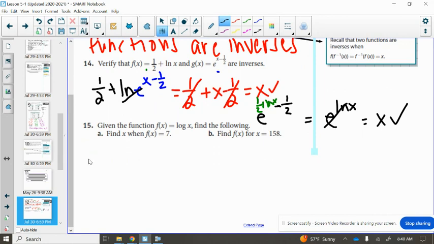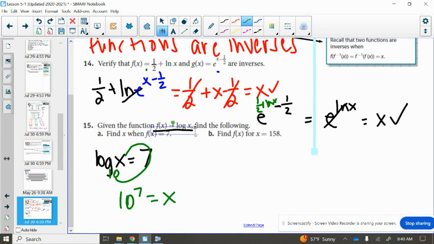All right, last example for the day on page 64 is asking us to evaluate these, again using our log properties. So we want to find x if we know that our function log of x equals 7. This is where rewriting as an exponential can really come in handy, because we know if we just have the common log, its base is 10. And if we rewrite this as an exponential, we know 10 to the 7th power equals x.